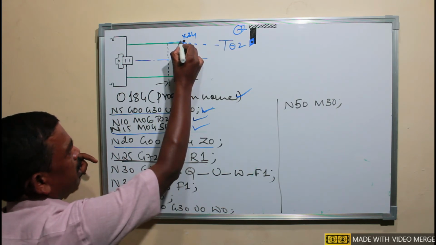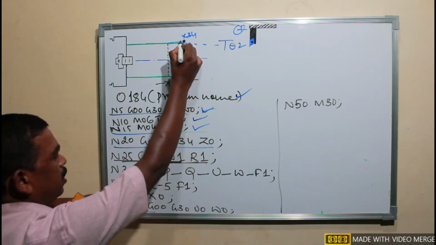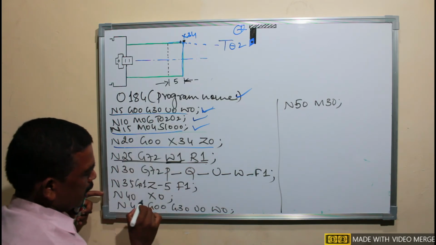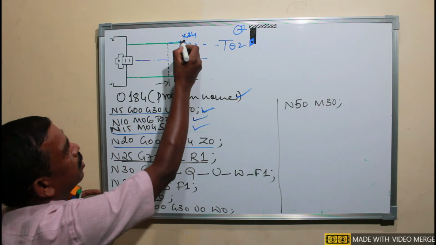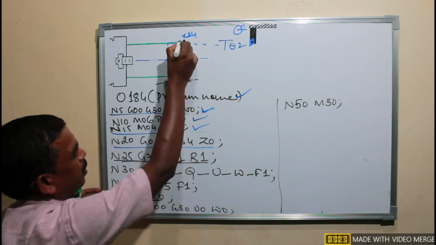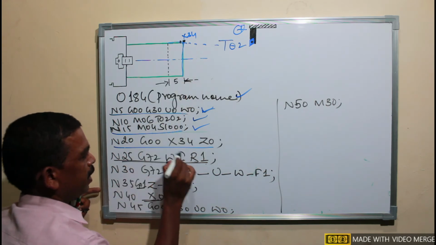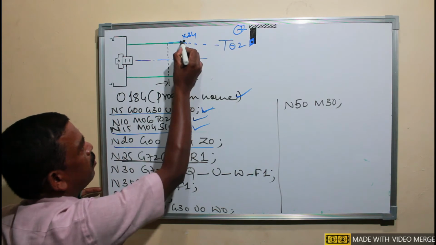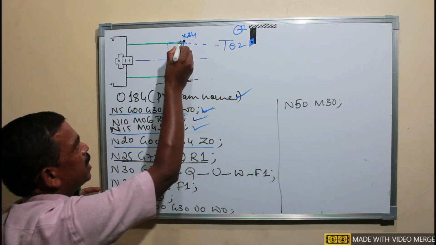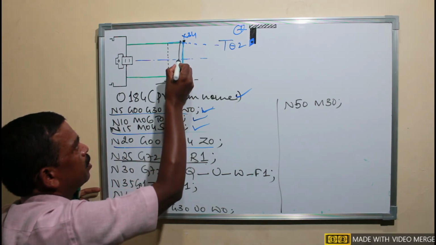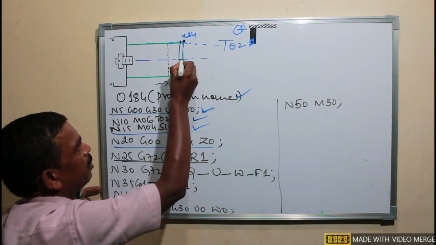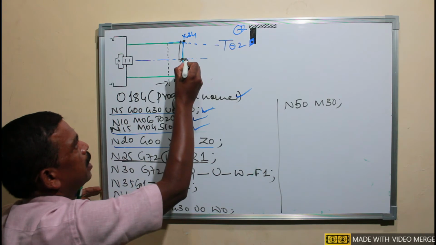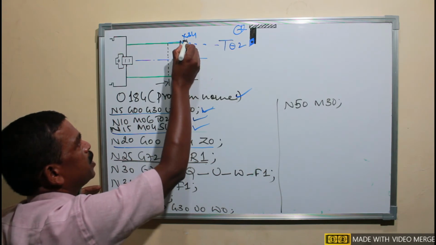Now the tool is here. When the controller reads X0, by G01 it will take the depth of cut, and the cutting tool will move by facing towards the 0, and then it will come to this position.